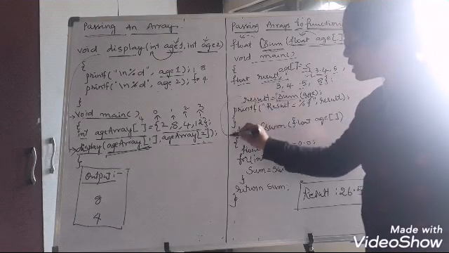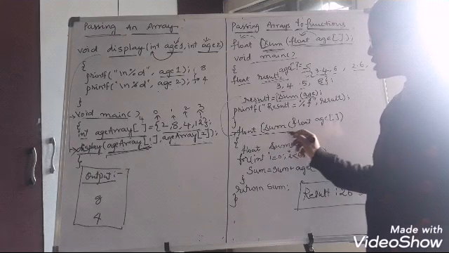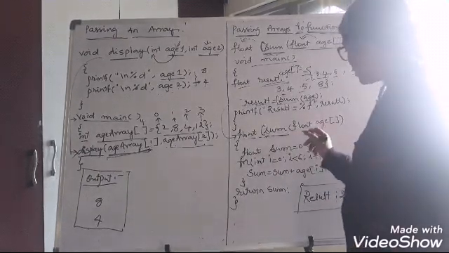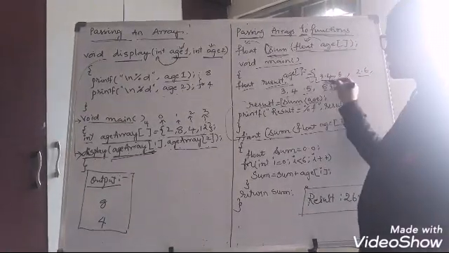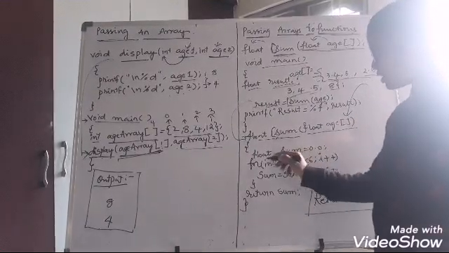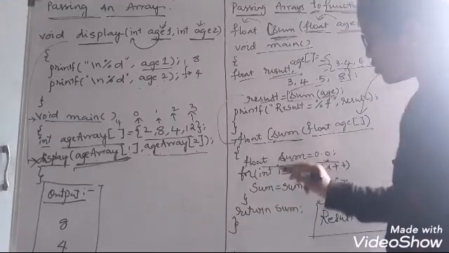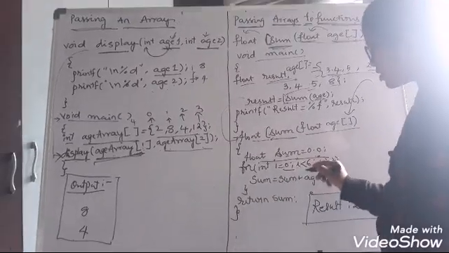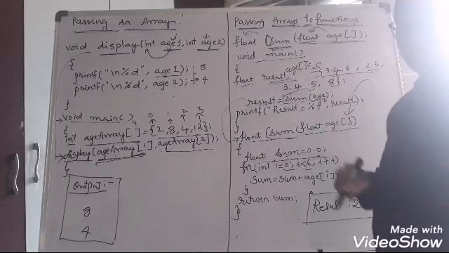Immediately the control of execution goes here, to float C sum. In C sum I have taken all the elements. Here I have taken sum equals 0, initially initialized to 0, and for i equals 0 to 6, as I have 6 elements, 0, 1, 2, 3, 4, 5.